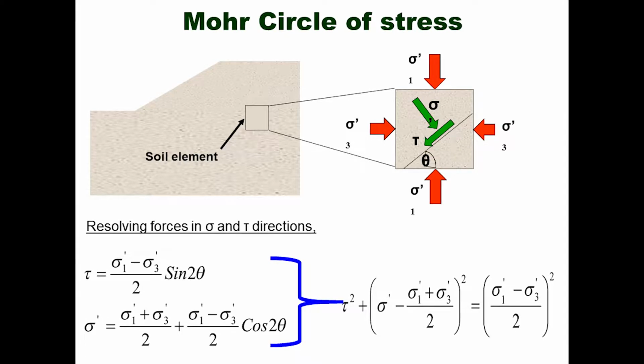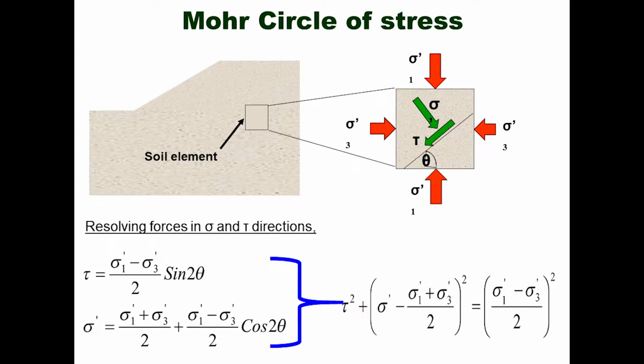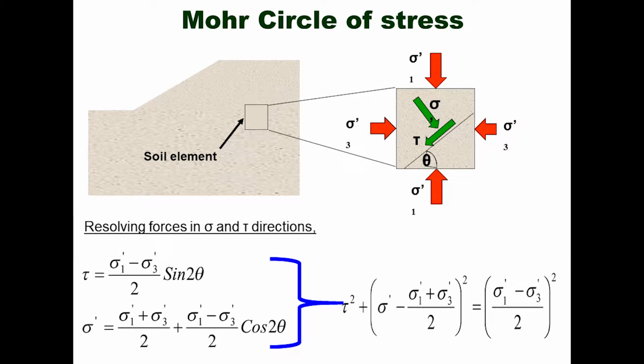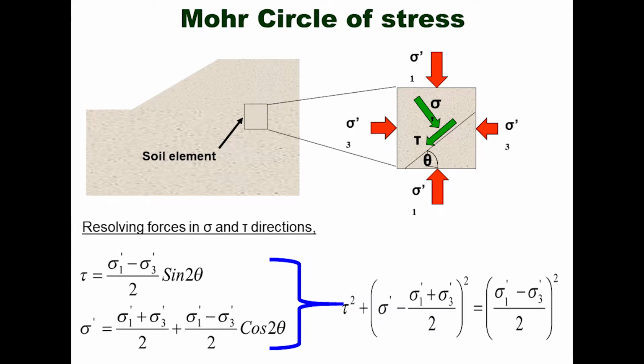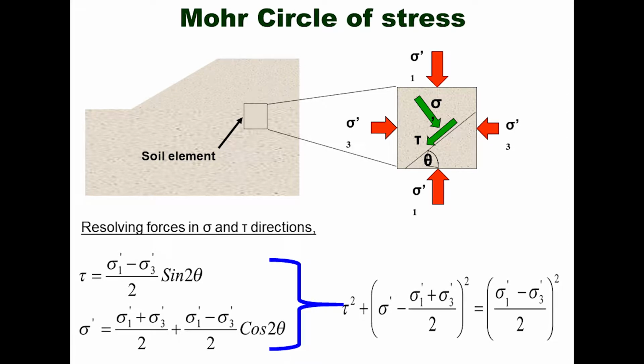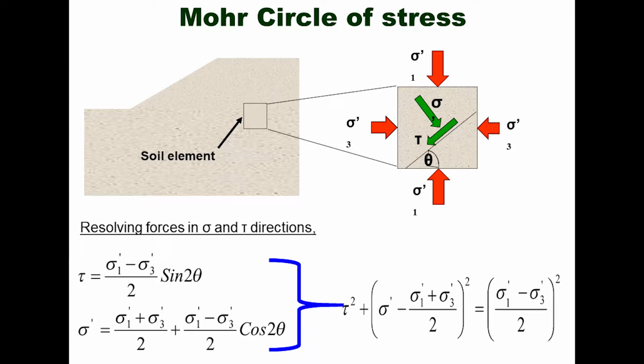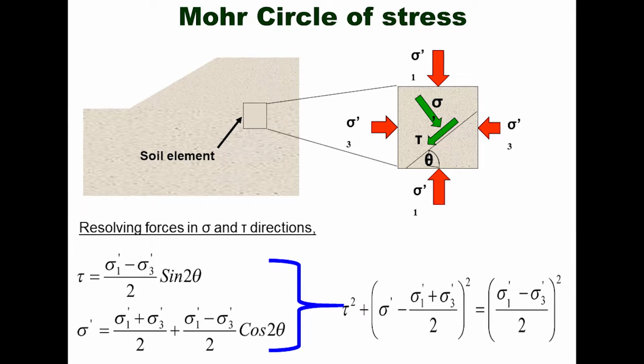Tau is the shear stress tangential to the failure plane, and sigma dash is normal to the failure plane. So tau is equal to sigma 1 dash minus sigma 3 dash by 2 times sine 2 theta. Sigma dash is equal to sigma 1 dash plus sigma 3 dash by 2 plus sigma 1 dash minus sigma 3 dash by 2 times cos 2 theta.